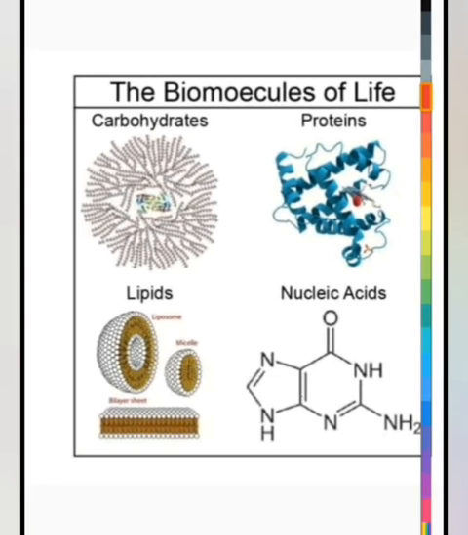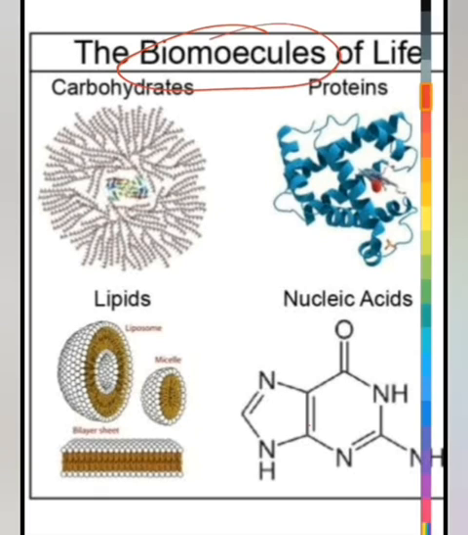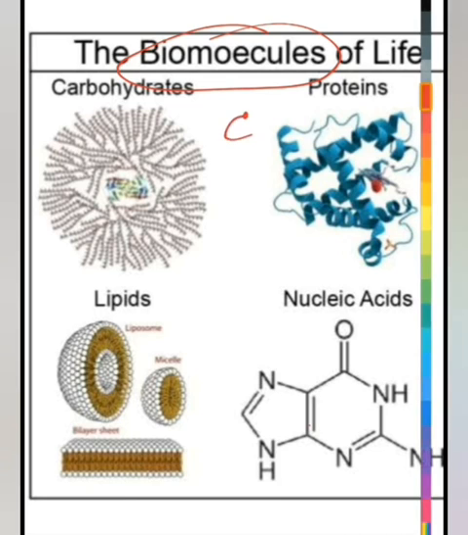Now coming to the characteristics of a biomolecule. The first important point is that they are mostly organic compounds that contain carbon. Carbon is the most important component of each biomolecule. Now they have a specific shape, size and dimension.